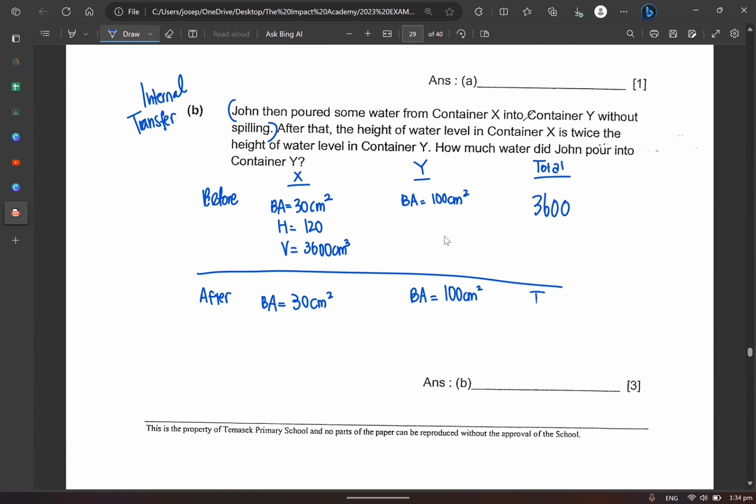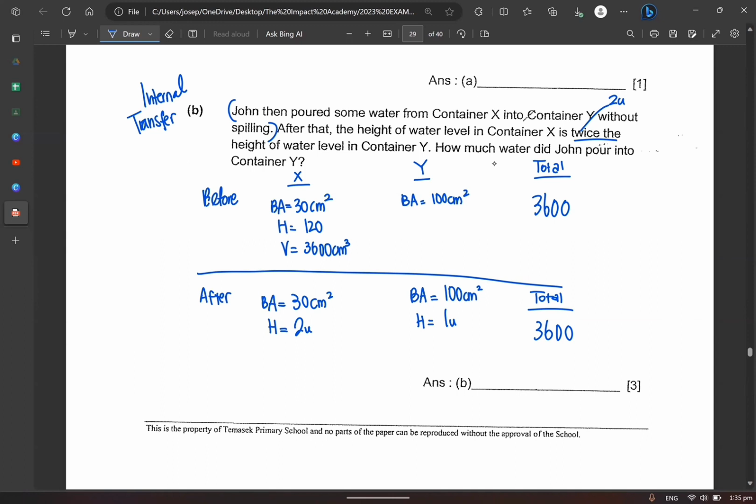And the total volume over here will also still be 3,600 because I am just taking water out from X and putting it into Y. The total doesn't change. The good news is that the height of X is twice, so we are going to put 2 units, and the height of Y is 1 unit. Why is it 1 unit? Because if X is 2 units, then the hidden information has to be 1 unit.